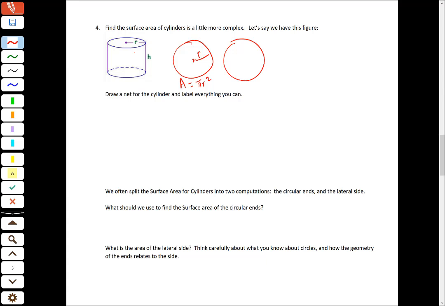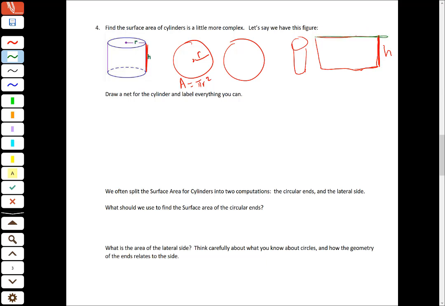Think of it as a tube. If you unroll it, it should unroll like the label on a can of soup as a flat rectangle, okay? And if I have drawn that here and I'm thinking of this side as maybe the edge of the label, does that make sense? Where you start to peel it, and that's H. And then the goal here is to figure out what this is, right?